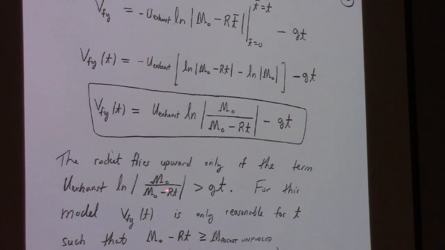I'm an idiot. There it is. So the product of this and that has to be larger than that, right? This is due to the thrust of the rocket. The contribution of the thrust of the rocket to the velocity is just this term right here, right? And so if that's not larger than gt, then you don't go anywhere, right?